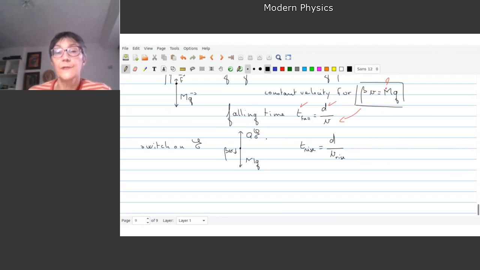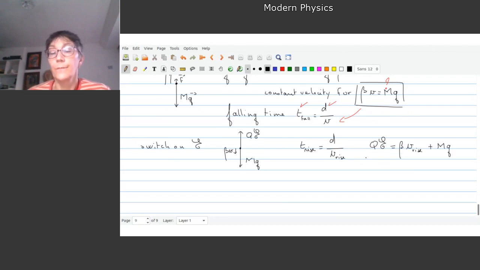And by measuring this one, you will have QE, okay, constant velocity. You will have QE equal to beta V rise plus mg.